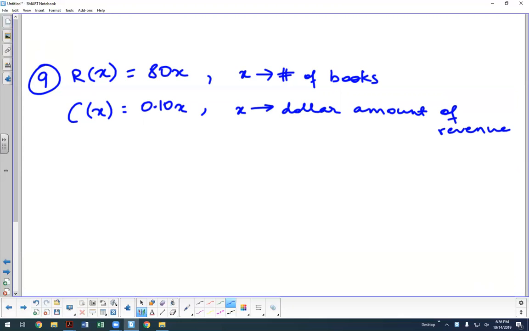So to rewrite commission based on the number of books, you are actually going to input the revenue function inside of the commission function.